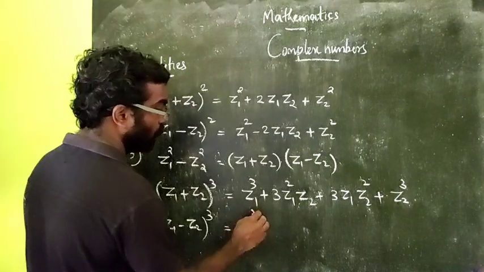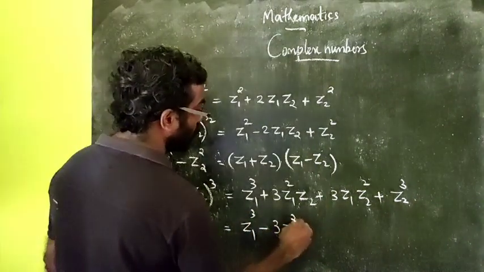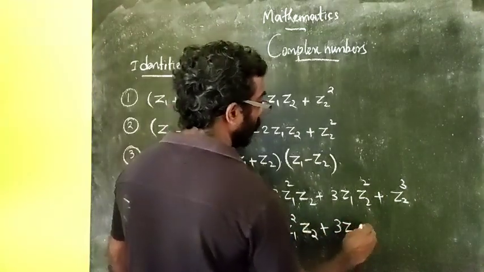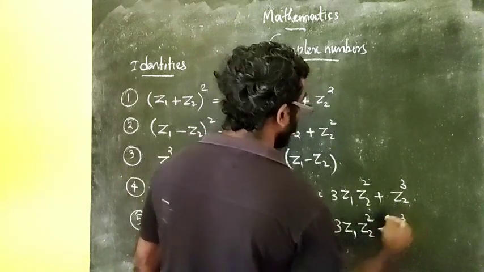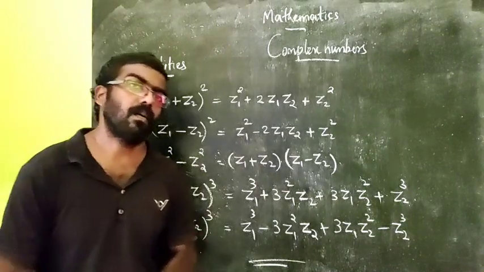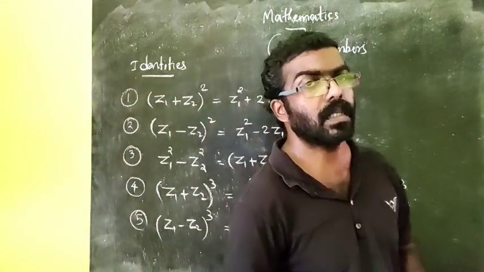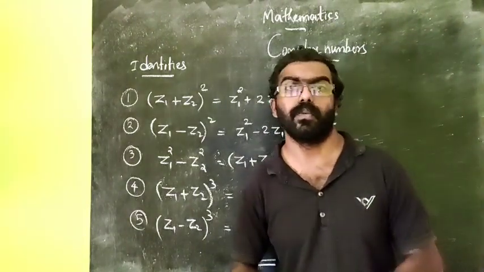So z1 cube, alternatively we can change the sign, minus 3 z1 square z2 then plus 3 z1 z2 square then minus z2 cube. This implies that we can apply all identities we have already learned in lower classes in the set of complex numbers too.